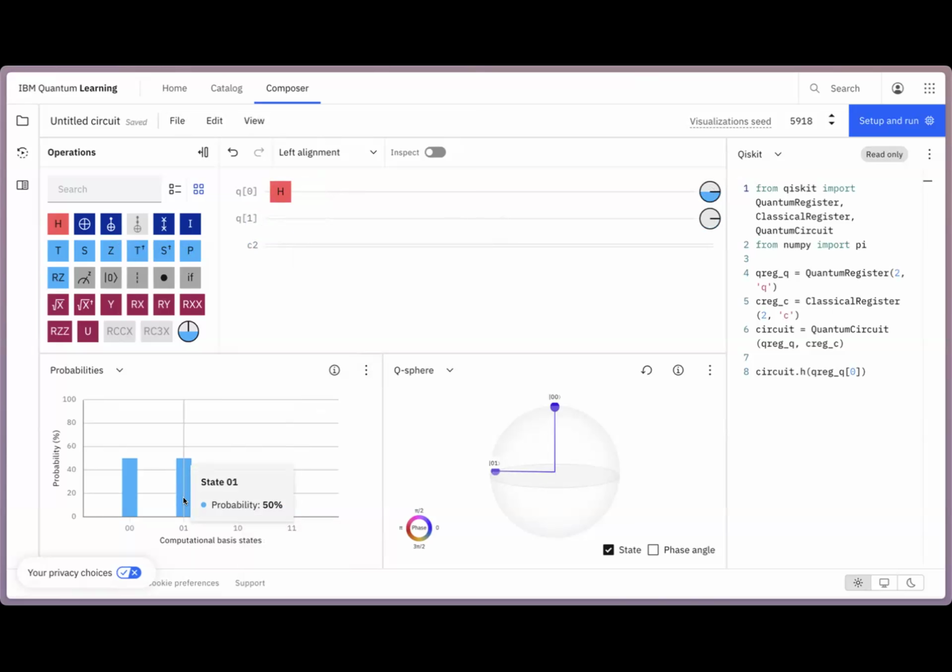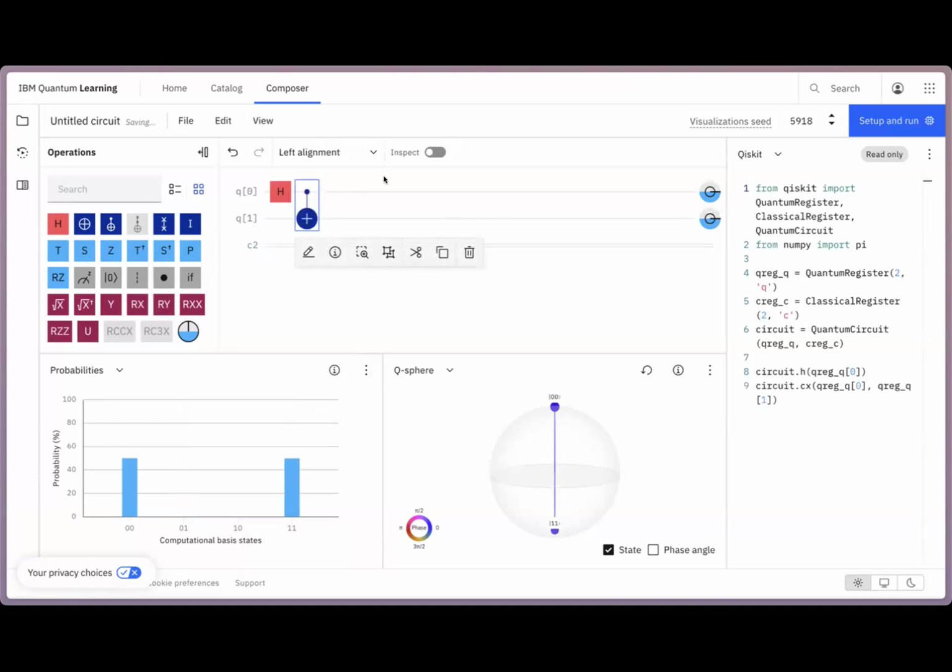We had the 1-0 state being flipped to the 1-1 state after we apply the CNOT, and that's what happens here. Because the first qubit is a 1, our CNOT works and flips the second qubit, and then we get exactly the same probabilities. So we have our final Bell state of 1/√2 |00> plus 1/√2 |11>. I'm going to add the measurements as well.